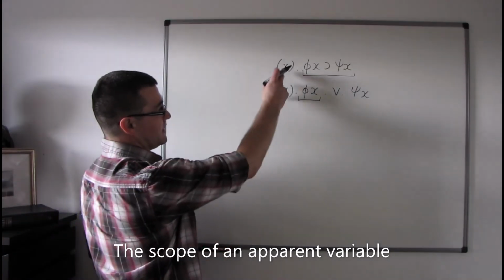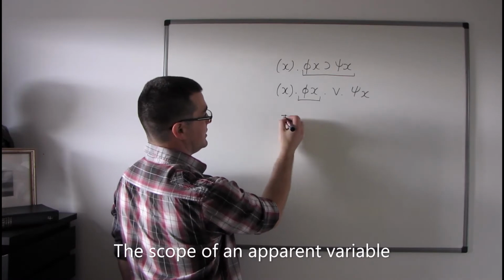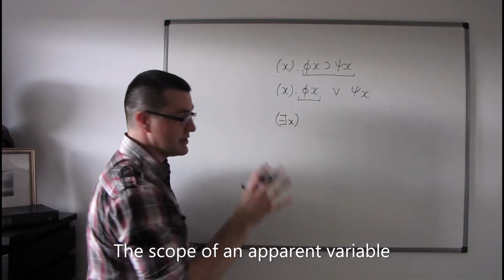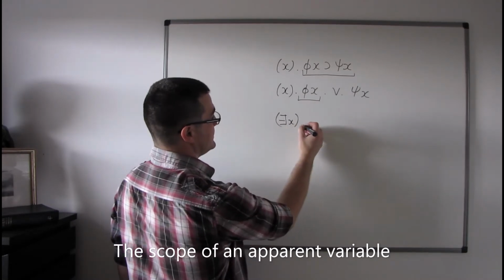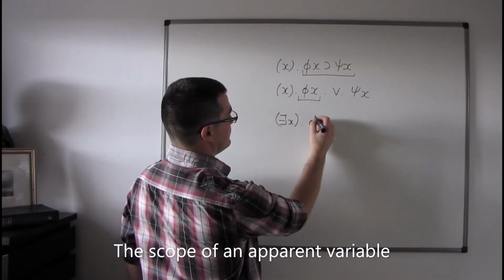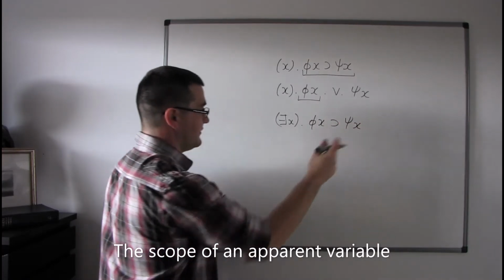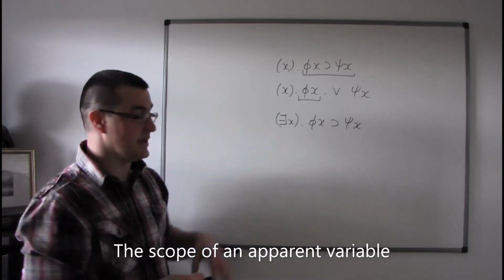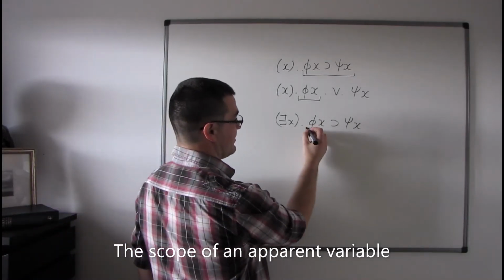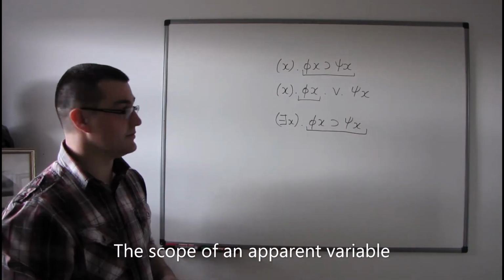It doesn't matter whether I've got an apparent variable of this variety or of this variety, it works in exactly the same way. So if I take something like a similar expression to this, phi x implies psi x, sometimes I get the same thing. The scope of this apparent variable is the whole of this function.